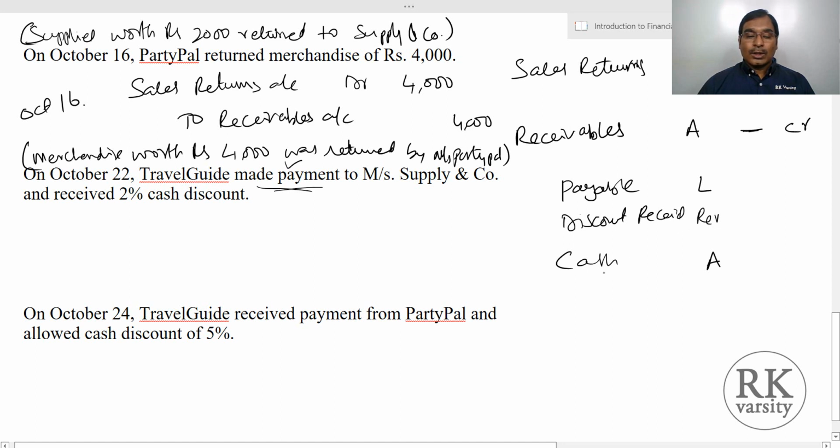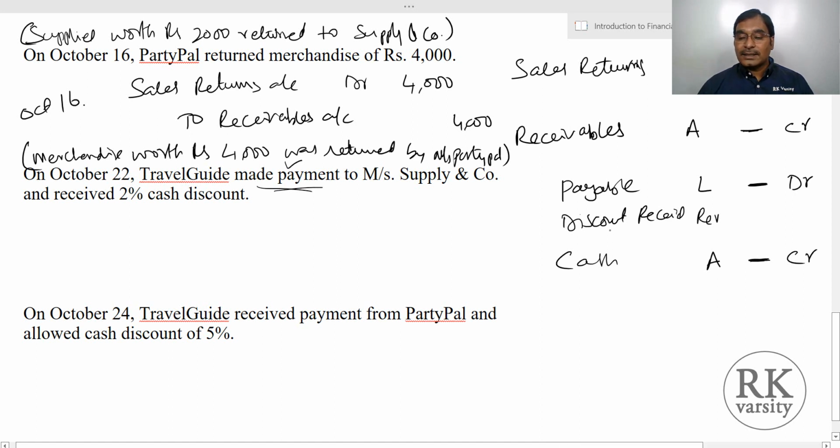Now what is happening with your cash? There is a decrease in your cash. So when there is a decrease in your cash, what do we do? We credit the asset account, or when there is a decrease in an asset, we credit it. And here what is happening to your liability? There is a decrease in your liability. So a decrease in a liability is a debit.